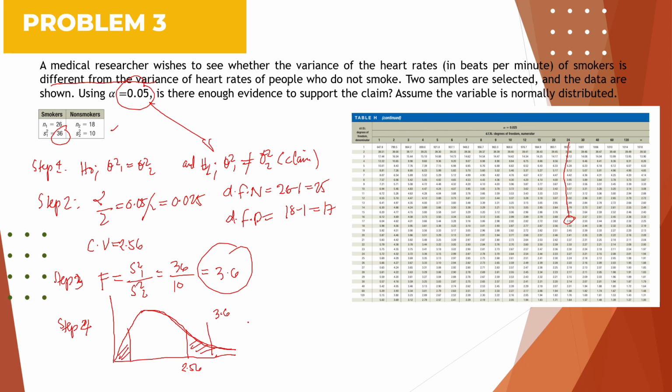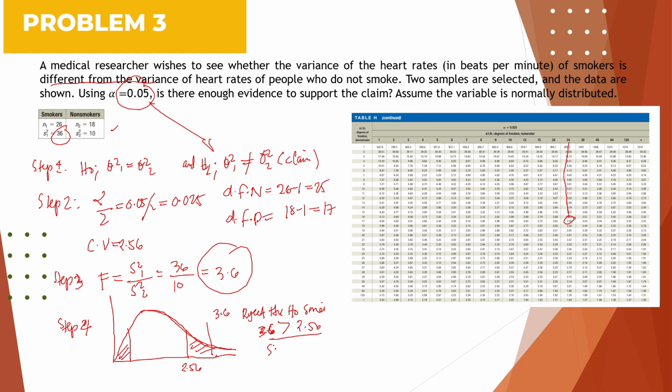So therefore, we have to reject the H0 since 3.6 is greater than 2.56. We reject because that is part of the rejection region.